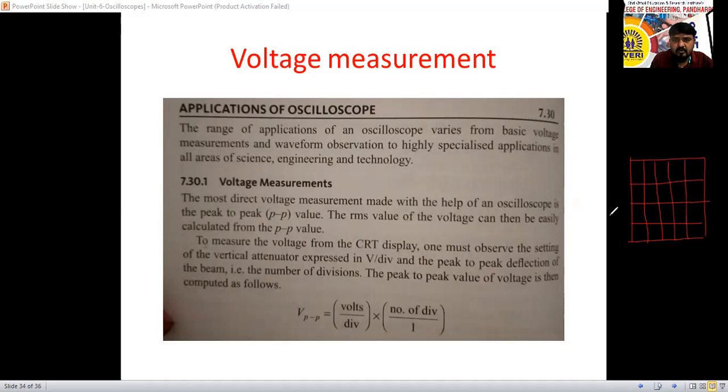Yes. So one division, I will take a different color here now. From here, I will start here. Okay, like this I have considered. What is the peak to peak voltage here now? Can anyone tell me?